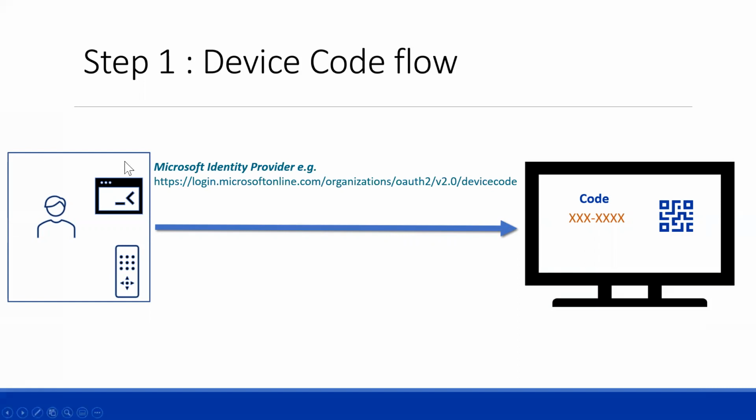In the Microsoft identity provider, you have a common endpoint called device code. You can make a call with these parameters, with the client ID, which is the application registration ID, along with the tenant ID. And then you make a post request with the scopes user.read, offline_access, and openid profile email. With these scopes, we are going to make a call.